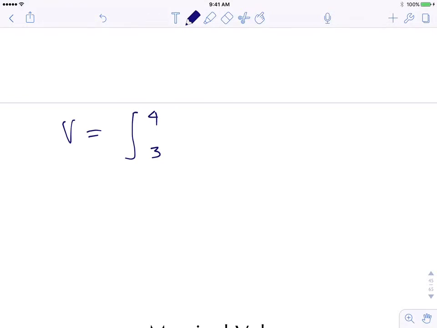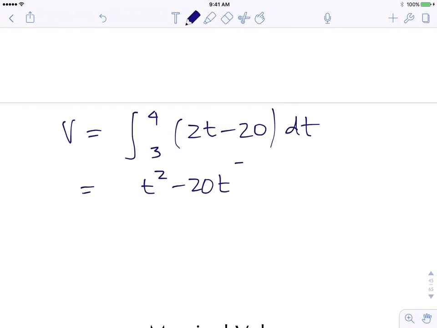That is the amount of volume going out in the 4th minute. Okay, 2t minus 20. Notice I don't have to calculate the value of c here, because if I add c when I do the integration, it's just going to cancel out. So t squared minus 20t between 3 and 4.